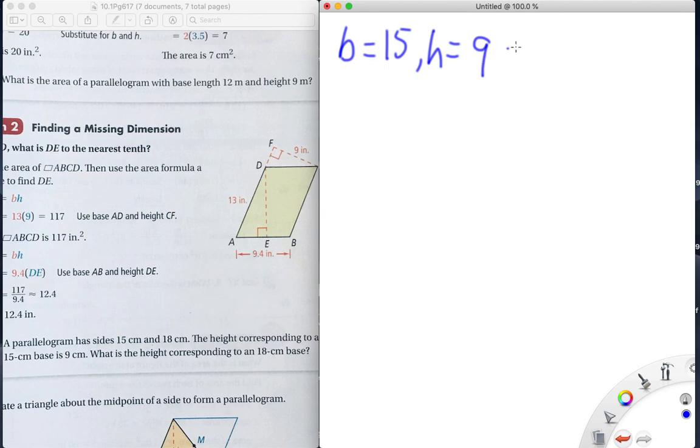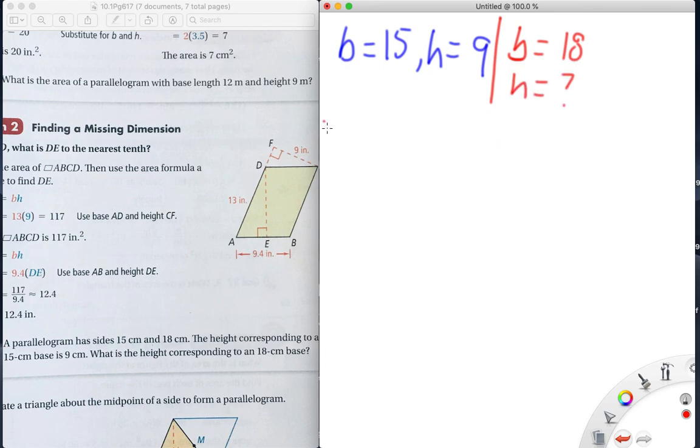That's its corresponding height. We also have, for the other side of the parallelogram, a base of 18, and we're trying to find that height. We don't know what it is just yet.